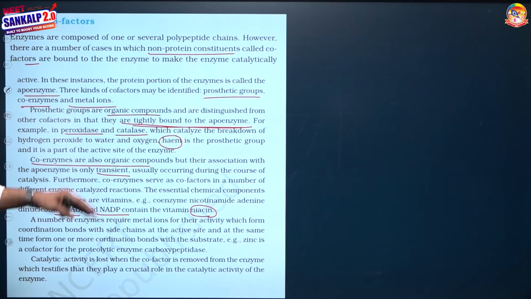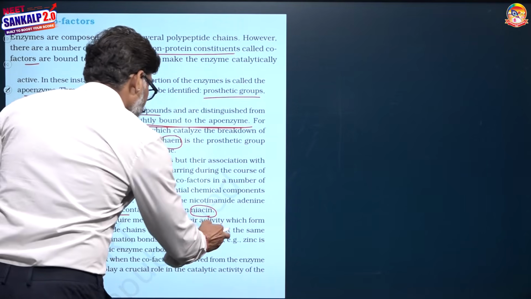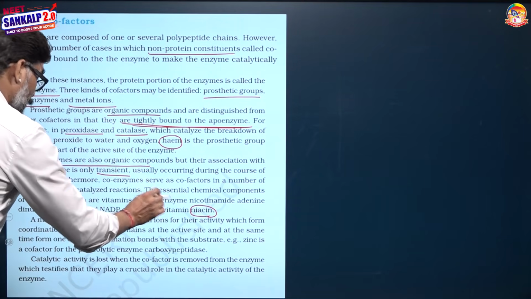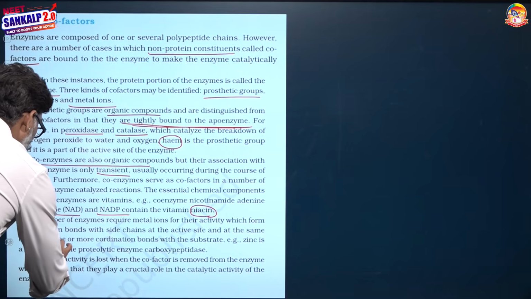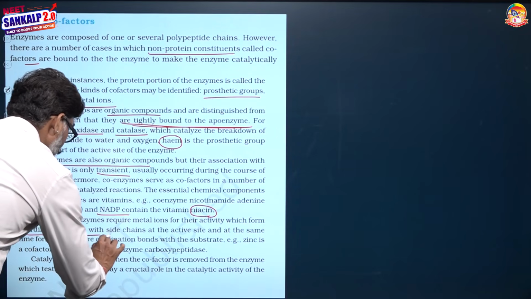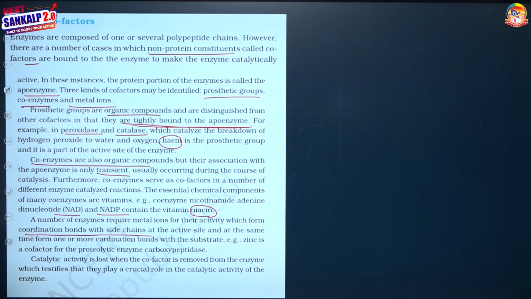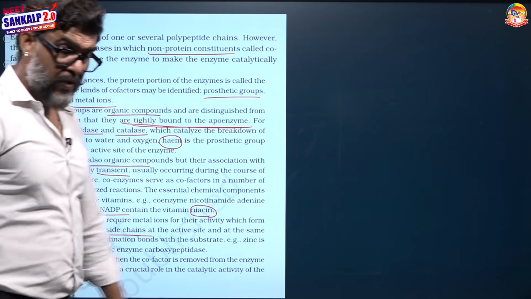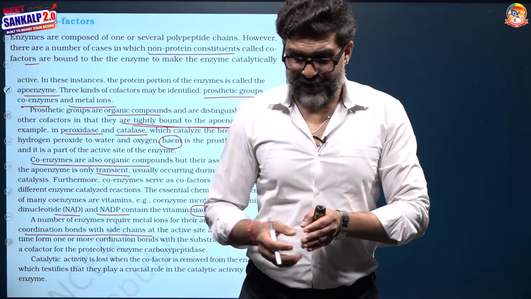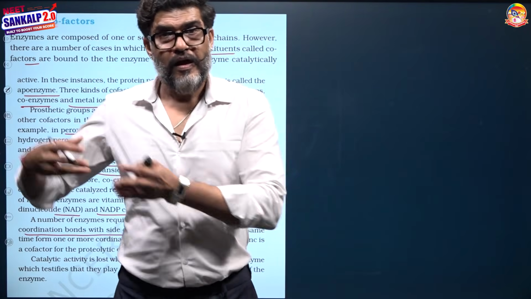Metal ions are always inorganic and they form coordinate bonds. What do they form? Coordinate bonds with the side chains of the active site and, at the same time, one or more coordination bonds with the substrate. Means active site, metal ion, substrate.